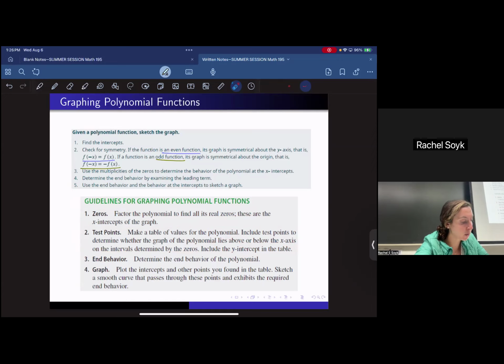That's a very easy point to just add in. And then your end behaviors are straightforward based off of your patterns for even and odd degrees. And then once you have all of those facts, then you can really create your sketch of a cubic function or a quartic function or a 6-degree polynomial, so on and so forth.